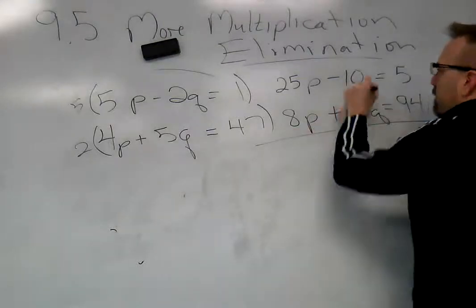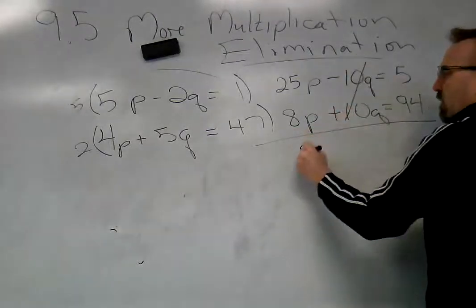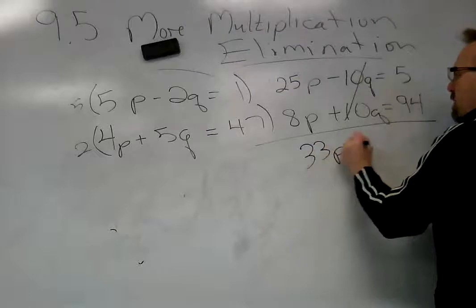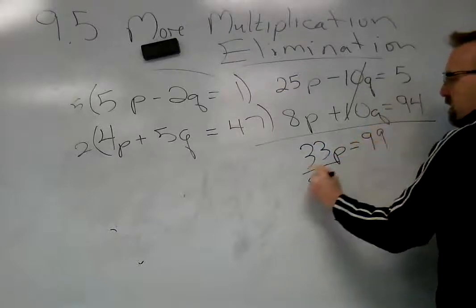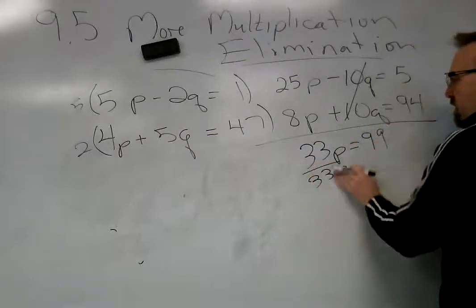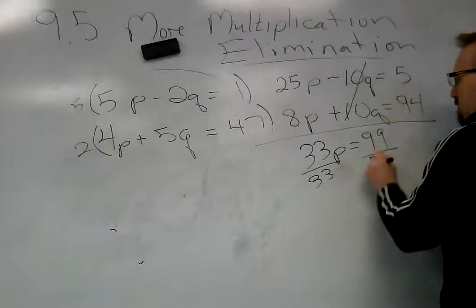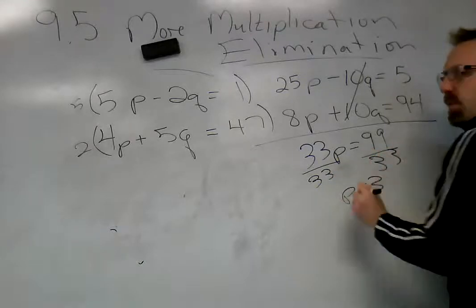So 10q minus 10q cancels, which is what we want. 13p equals 99. Divide by 33. P is going to equal 3.